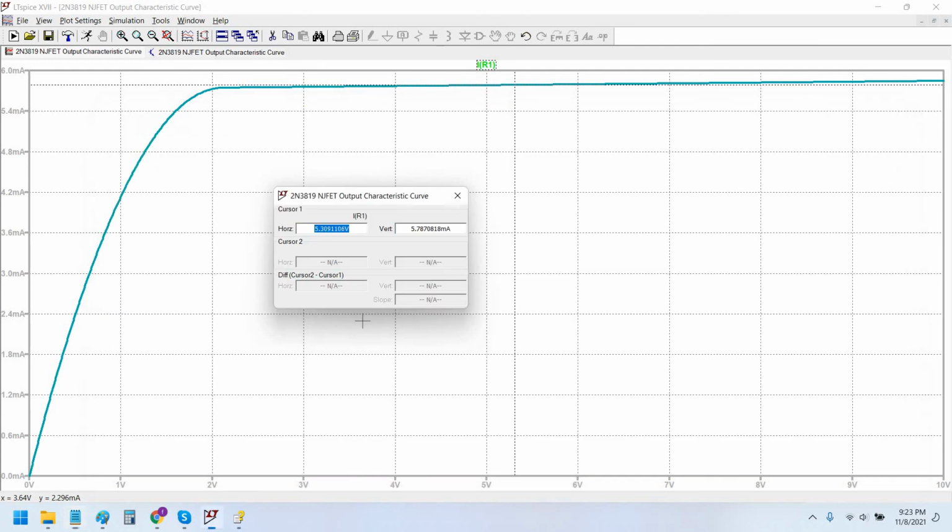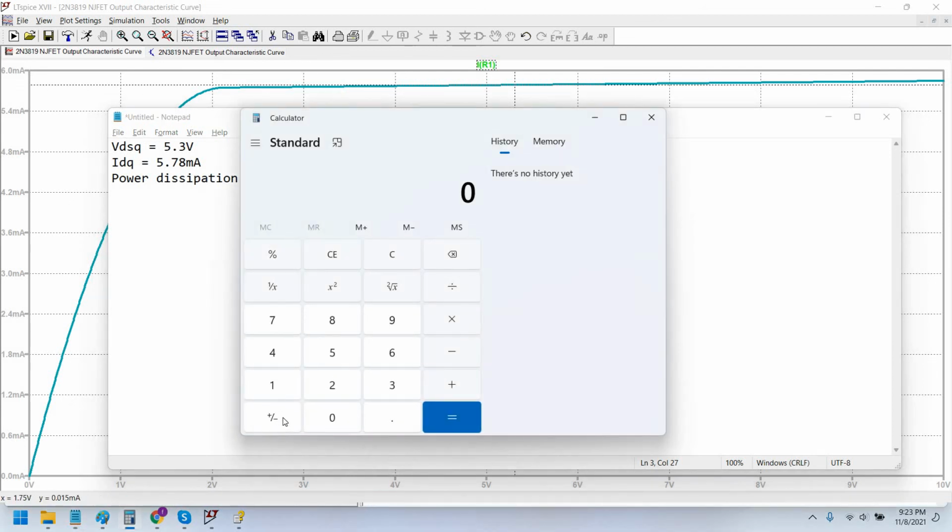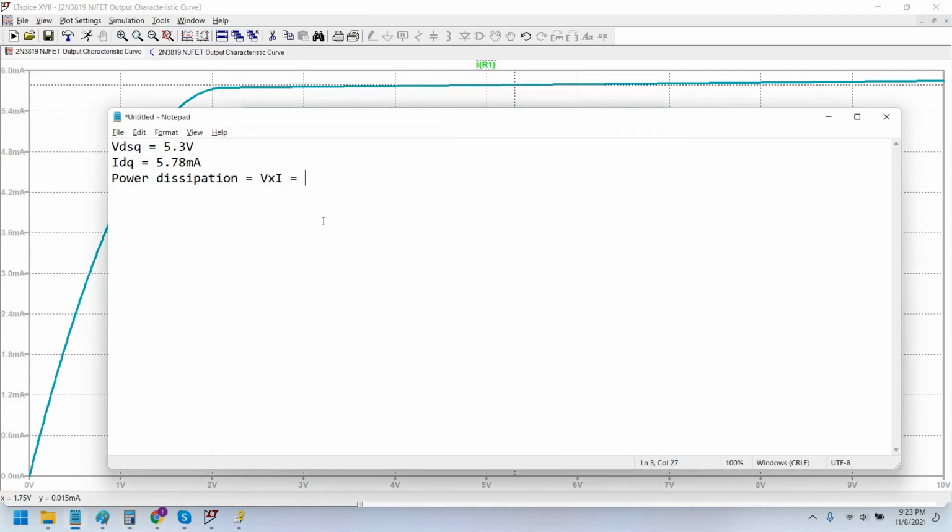Now if we see the power dissipation at this quiescent point, we get V multiplied by I, simple, and that would be 5.3 multiplied by 5.78, which is 30.634 milliwatt.